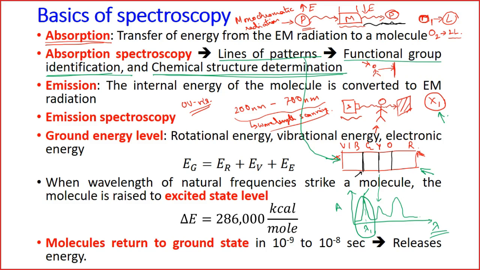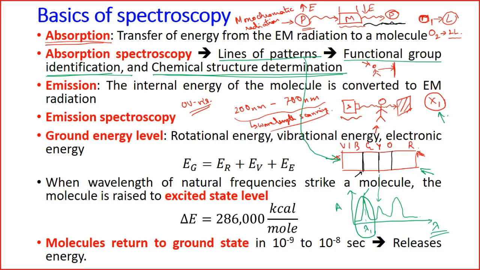Suppose there are many drugs like salicylic acid. It will have a particular line pattern. If you talk of, say, paracetamol, it will have another line pattern. Whatever molecule you talk of, there will be different lines of patterns, and if you match two lines of patterns, then you can tell that this might be the chemical structure of this molecule.